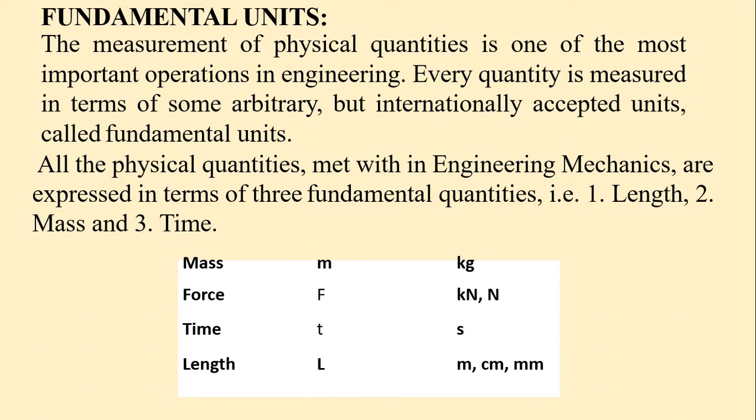What are fundamental units? The measurement of physical quantities is one of the most important operations of engineering. Every quantity is measured in terms of some arbitrary but internationally accepted units called fundamental units. All physical quantities met in engineering mechanics are expressed in terms of three fundamental quantities: length, mass, and time.